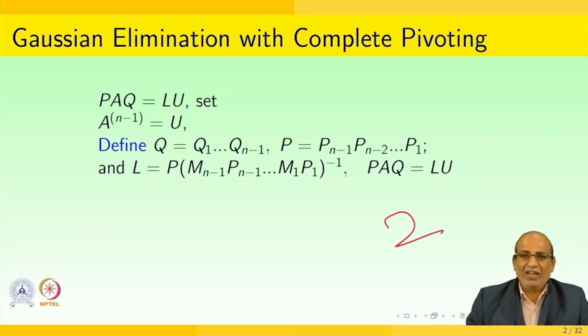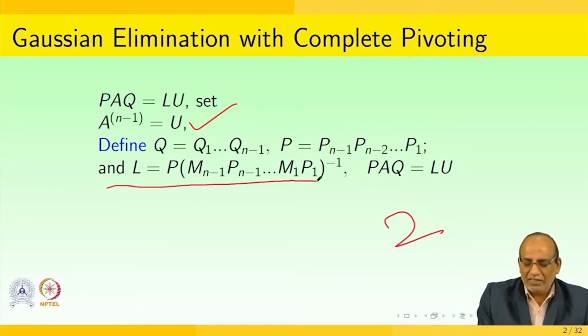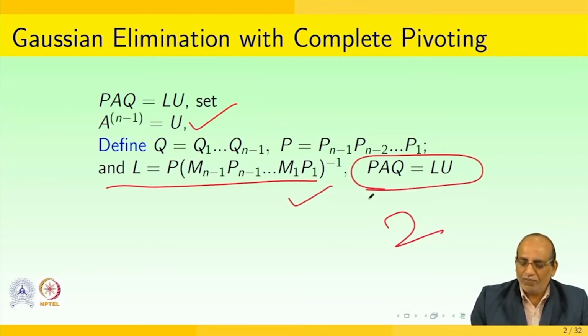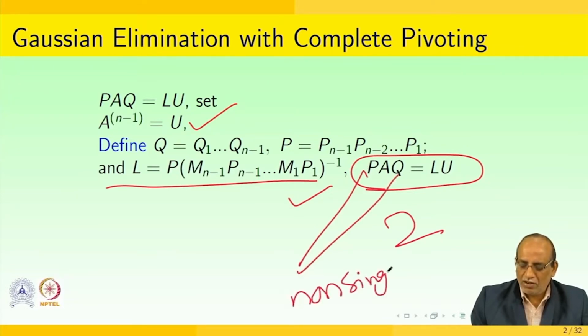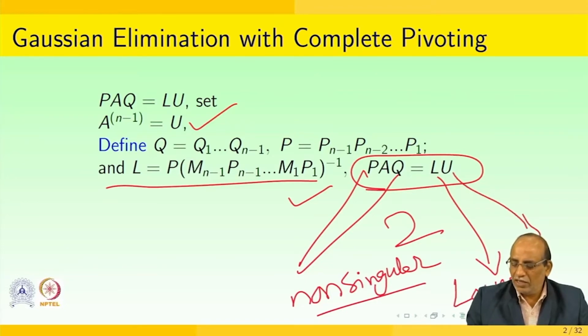And set A_{n-1} equal to U. We define Q as Q1, Q2, Q3, ..., Q_{n-1}, and P as P_{n-1}, P_{n-2}, ..., P1. And L is equal to P times M_{n-1} P_{n-2} ... M_1 P, whole raised to the power minus 1. And PAQ is equal to LU, where P and Q are non-singular matrices, L is the lower triangular matrix and U is the upper triangular matrix.